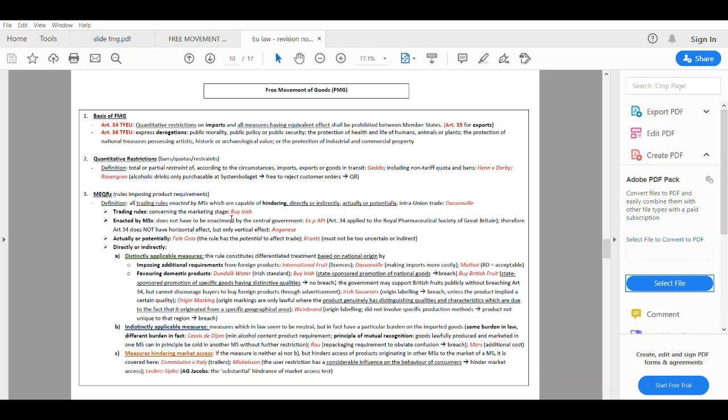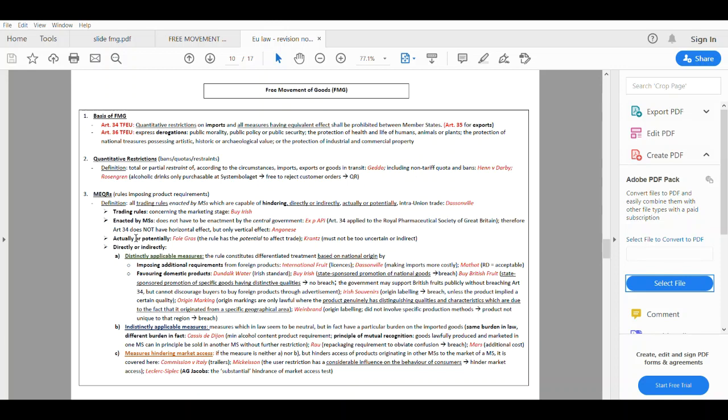For the Cassis de Dijon principle to apply, the first limitation is that there must be no harmonizing national rule, as we have considered for Article 36 derogations. The second limitation is that it only applies to indistinctly applicable measures, as I have already said to you.